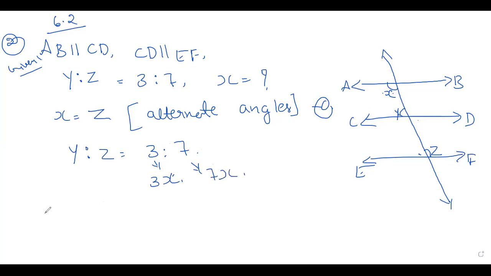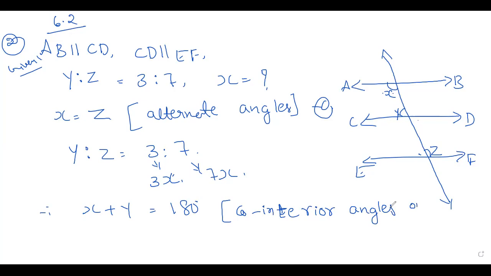Then we know that x plus y is equal to 180 degree, co-interior angles, that is, interior angles on the same side of the transversal, 180 degree.